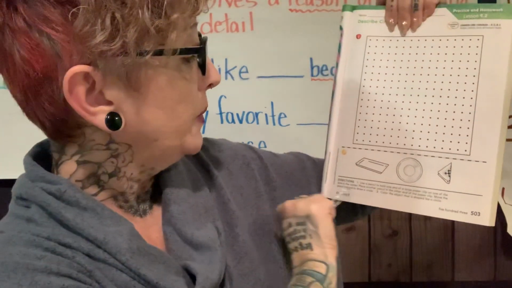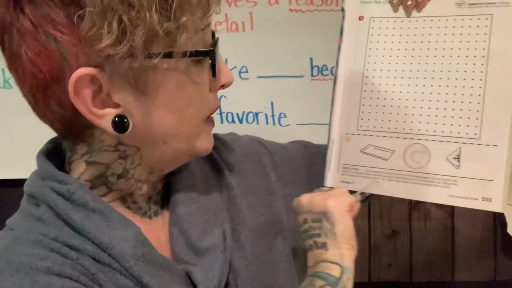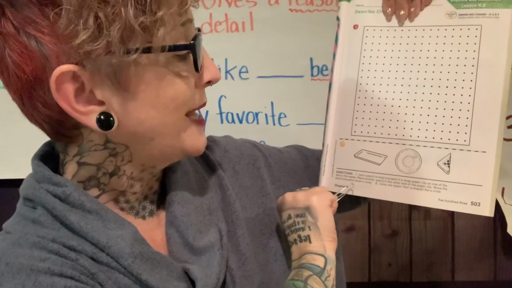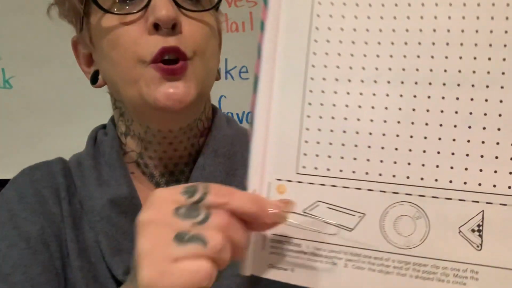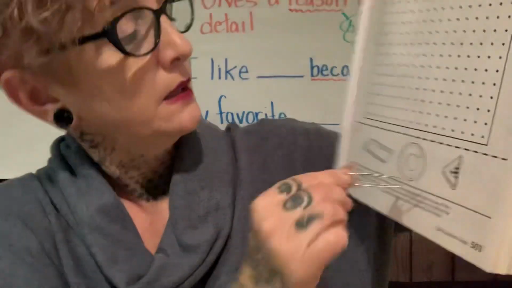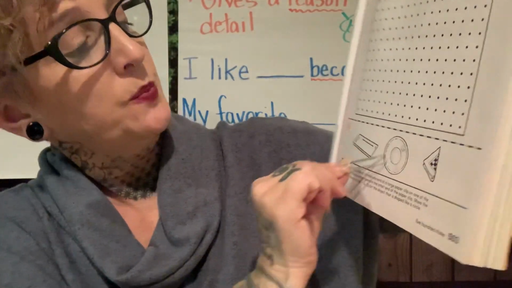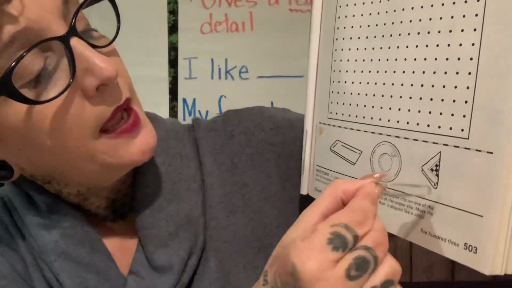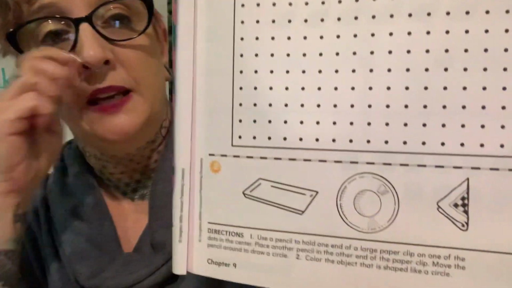Okay, number 2, same thing that we did on that other page. Color the object that is shaped like a circle. So you have, it looks like either a tray or a mat. I think that's supposed to be a tire. And this looks like a towel that is folded.